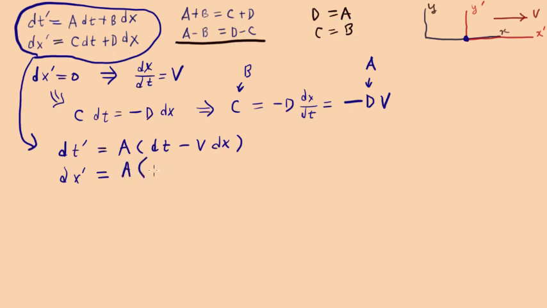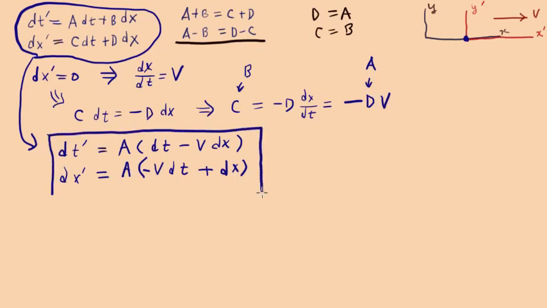A times negative v dt plus dx. So now we got these. So we get almost the final result for what's called a Lorentz transformation.